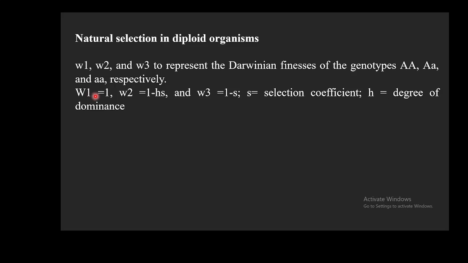W1, which is the fitness of the genotype AA, is equal to 1, W2 is equal to 1 minus HS, and W3 is equal to 1 minus S, where S is the selection coefficient and H is the degree of dominance. So here you can see the Darwinian fitness of the genotype capital A capital A is independent of the selection coefficient.